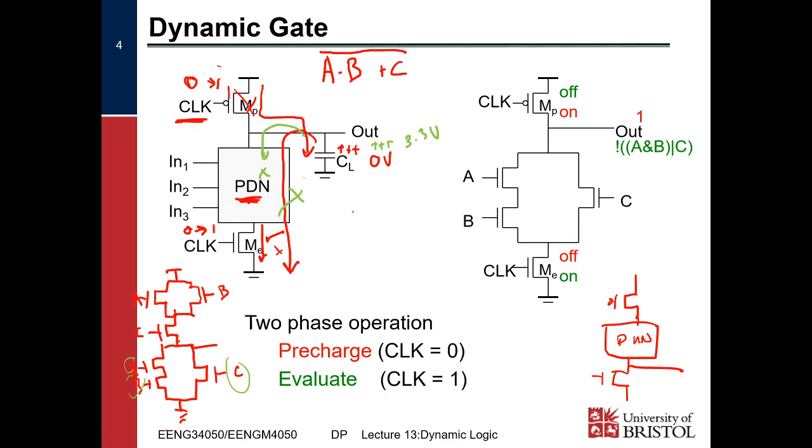Right. So here we've got exactly the same scheme as our dynamic gate, but just inverted. So now we've got a pull-up network, right? We're going to pre-discharge down to 0. And then we evaluate with our pull-up network. Remember, these transistors are also going to be leaky, so we're going to gradually, exponentially decay up like that. Okay?